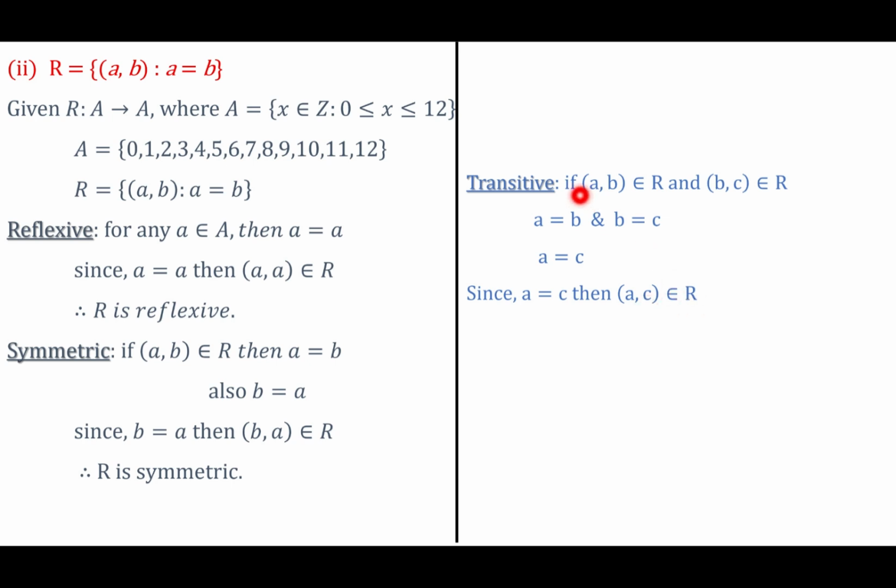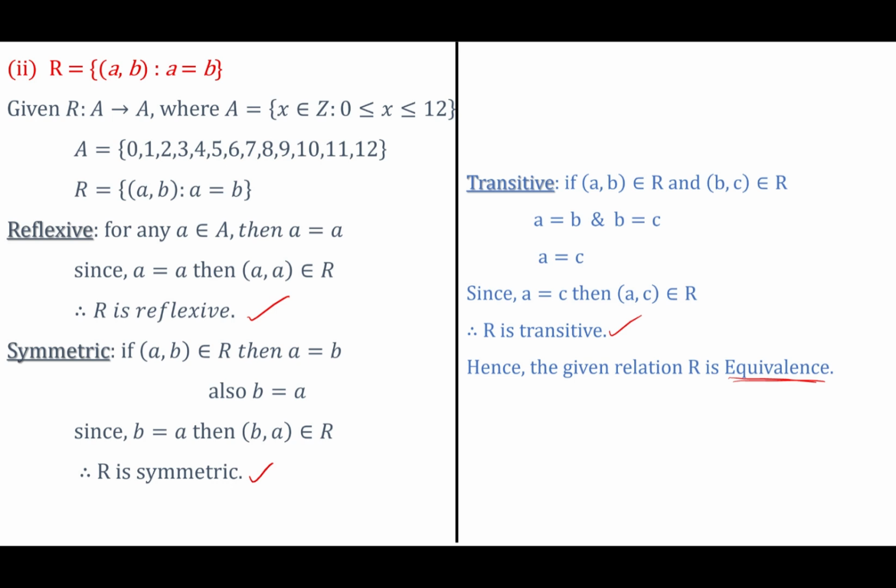Now, we proved that (a, b) belongs to R and (b, c) belongs to R gives (a, c) belongs to R, which means the given relation is transitive. If the relation is reflexive, symmetric, and transitive, then the relation is an equivalence relation. That is what we have to prove. Now, the relation is an equivalence.